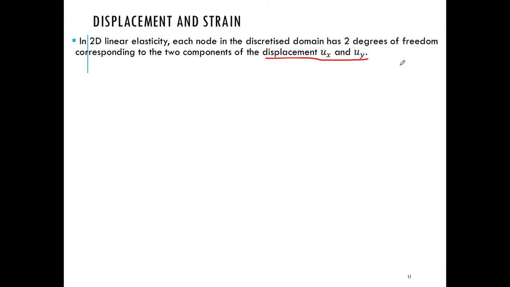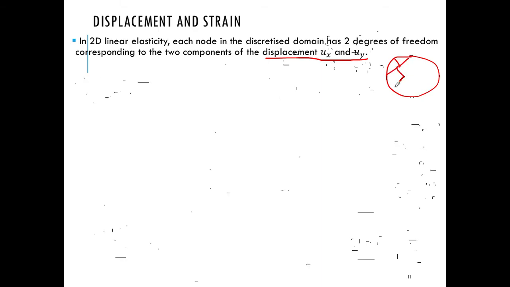So every time we're looking at, let's say, a triangular mesh in our domain, for each node somewhere in the body, I will have a ux and a uy. That means I have 2 degrees of freedom per node, because my essential variable is a vector and I'm looking at a 2D problem.